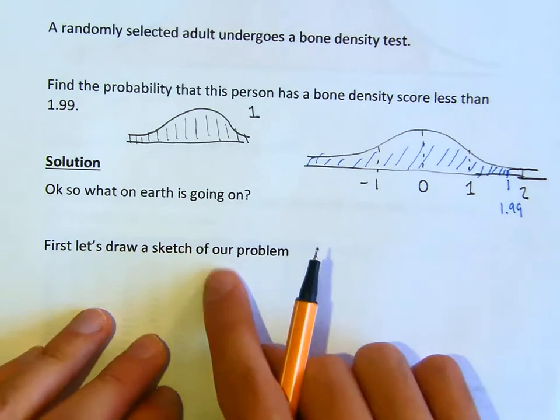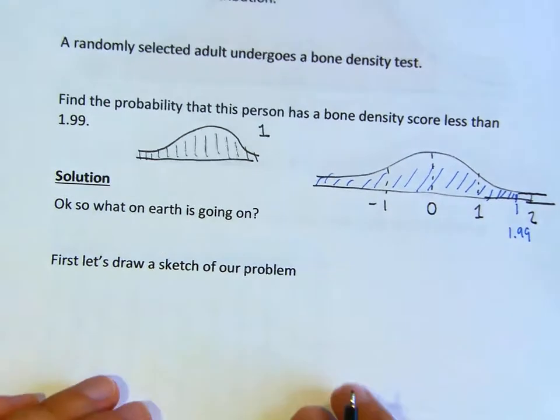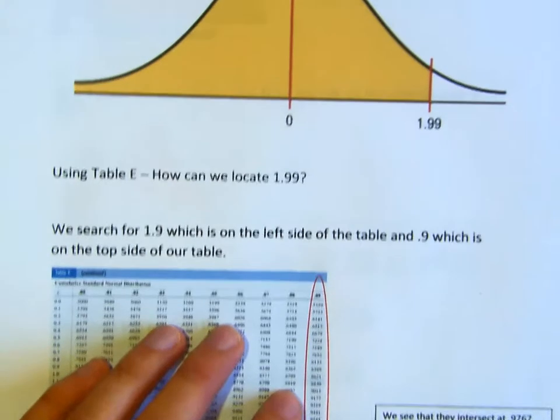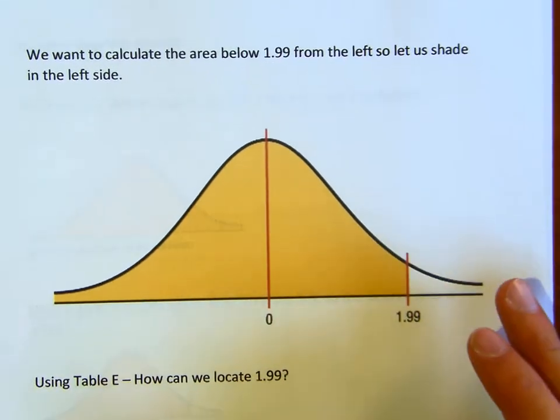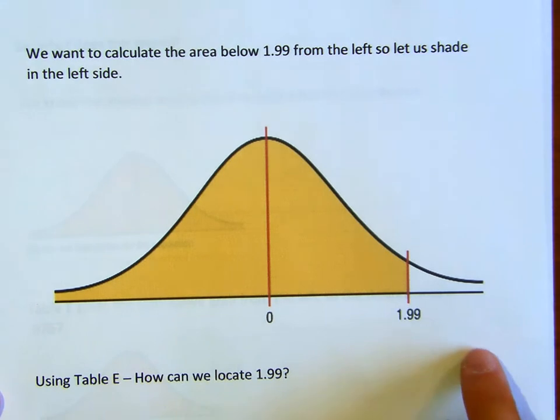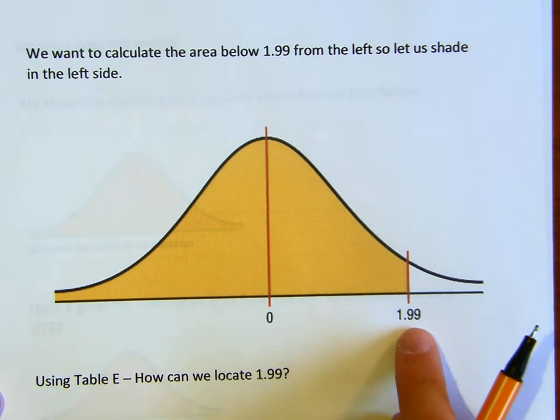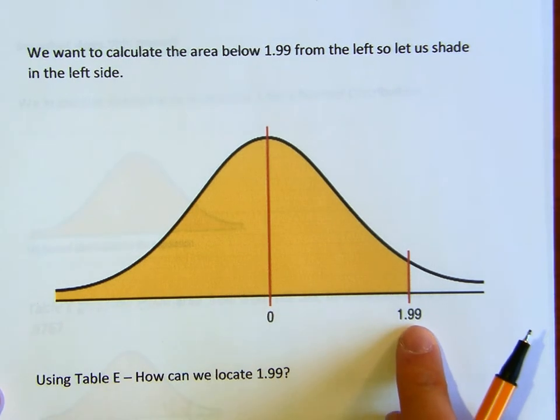So I sketched it over here, but I also presented this for us on the next page. What we want to do, if we have this normal distribution, is calculate the area left of 1.99.